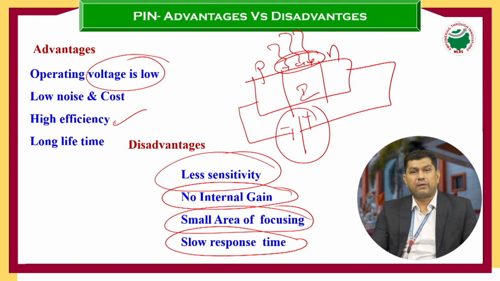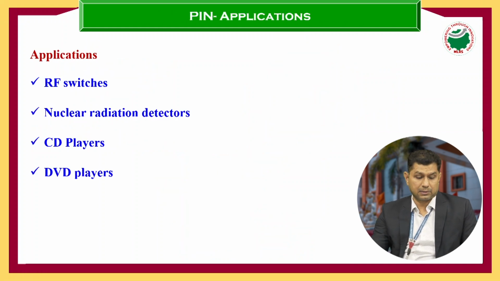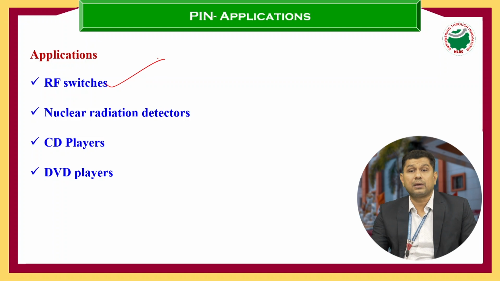Despite these disadvantages, we use the PIN diode in so many applications. Mainly it is used in radio frequency switches and nuclear radiation detectors. Whenever a nuclear reaction takes place, some radiation is produced: alpha rays, beta rays, gamma rays.